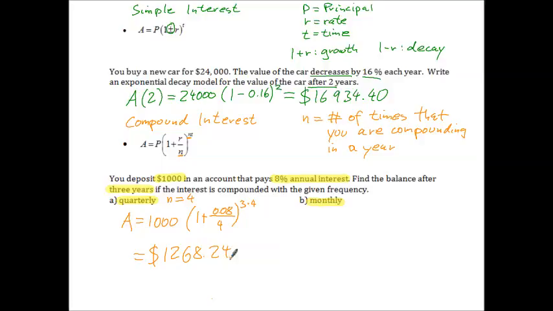Now let's see how much we get if we compound monthly. And if we compound monthly, that means that n is equal to 12, right? So our amount is going to be $1,000 times 1 plus same interest rate for each year, but divided by 12, and then 3 times 12.